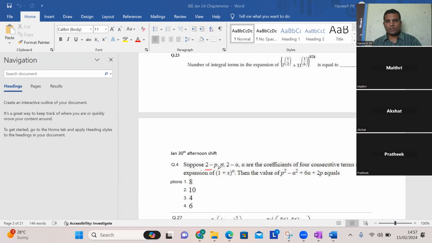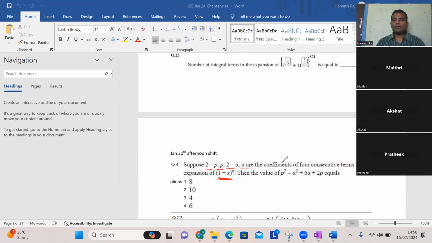Suppose these are coefficients of 4 consecutive terms in the expansion of this. So, how to solve this? Any idea?